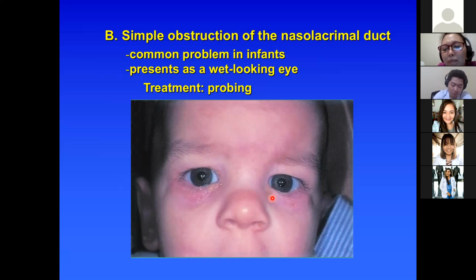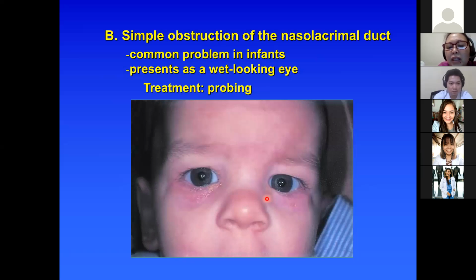Because when you apply pressure on your lacrimal sac, you will be forcing the valve of Hasner to open. Now, you cannot expect the mother, especially if she is heavy, to do it with a large index finger, which is hard on the baby, since the area is so small.